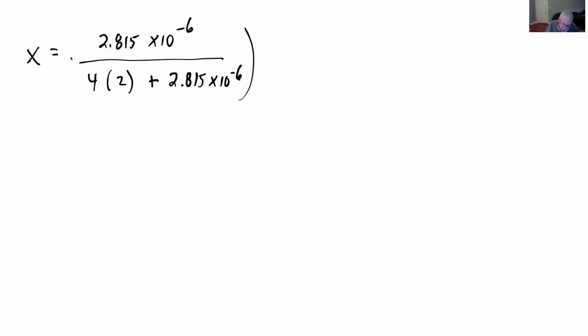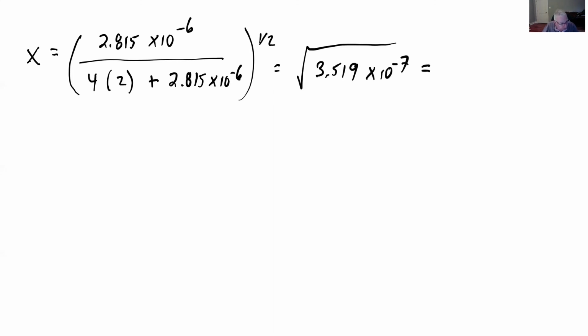All of that to the 1/2. That says it's the square root of 3.519 times 10 to the minus 7, which is also equal to 5.93 times 10 to the minus 4. So that's my fraction that's dissociated.